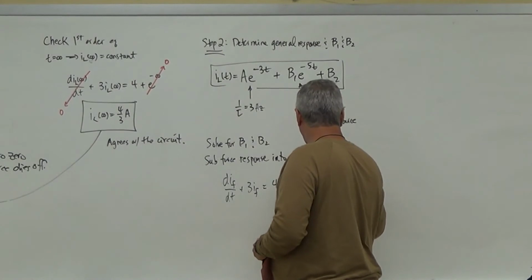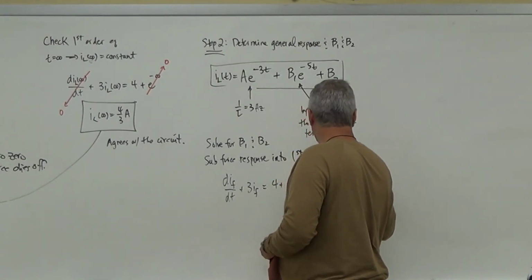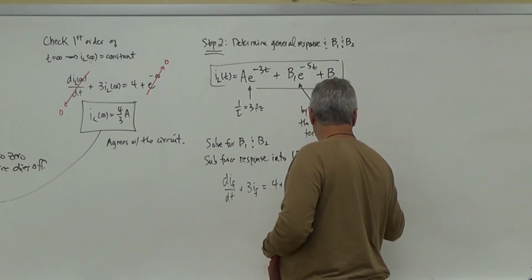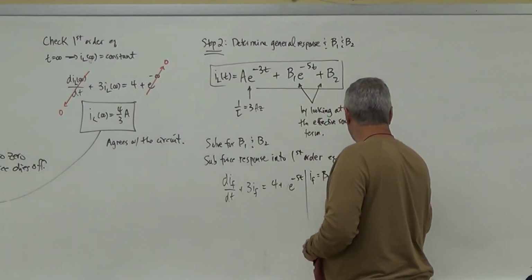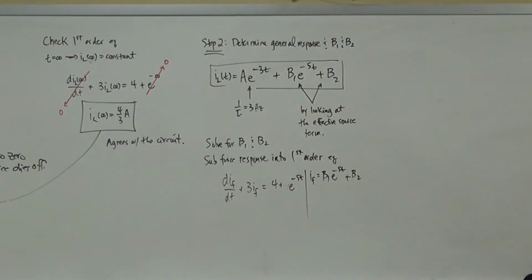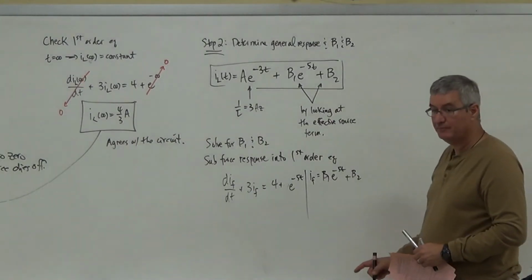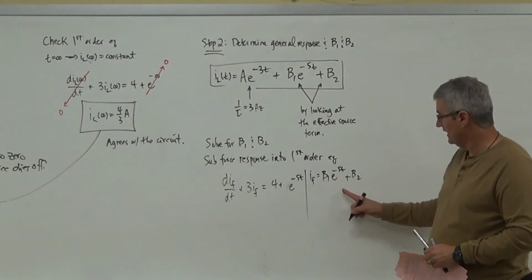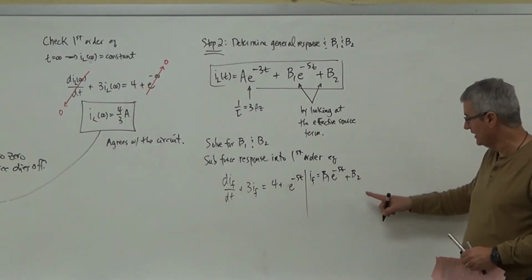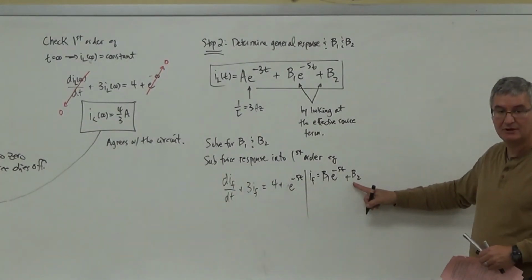And then I'm going to write I_f as b1 e^(-5t) + b2. Okay, so I'm going to punch these into that equation. Looking at the first term, if I take the derivative as a function of time, that constant disappears.